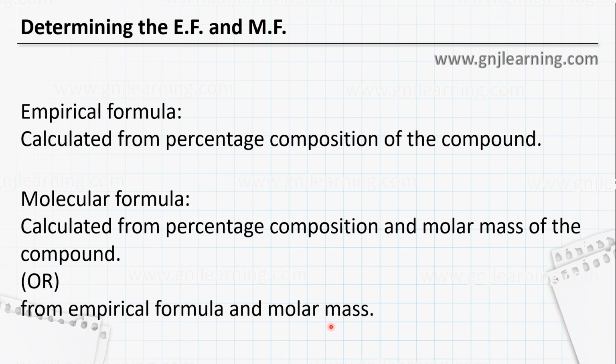So to get the molecular formula, one thing is essential, that is molar mass. Either you can use percentage composition or you can use the empirical formula along with molar mass to determine the molecular formula. So next we are going to see how to do this calculation.